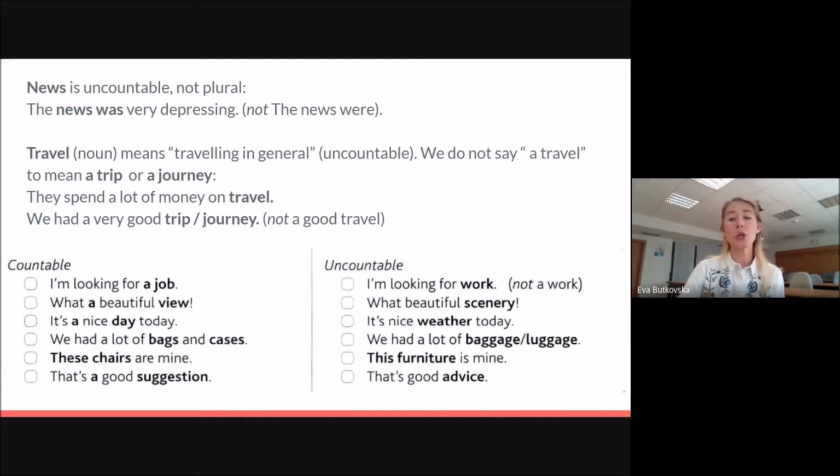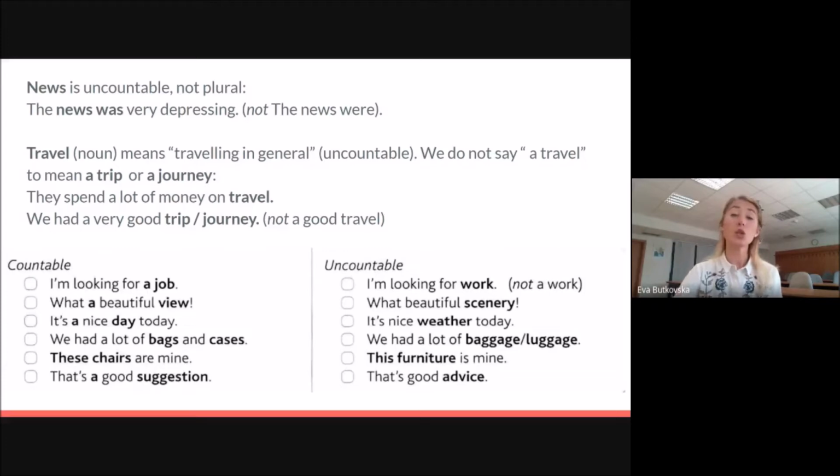And here are just a few more examples of how similar words can have countable or uncountable meaning. So for example, a job and work. If I say I'm looking for a job, I can count jobs. So a job is countable.